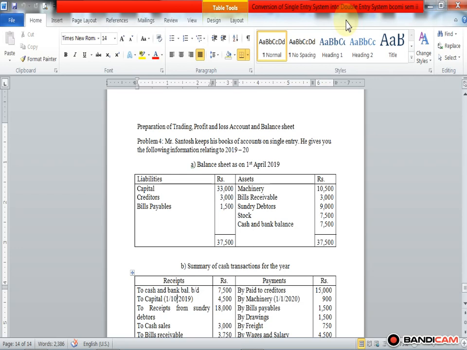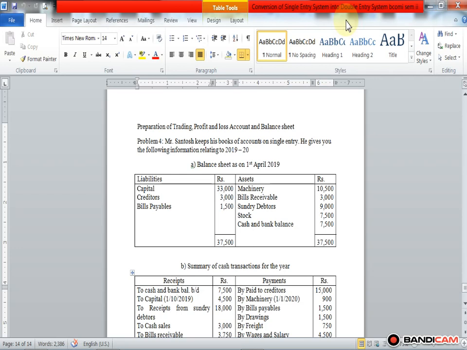First, a balance sheet as on 1st April 2019, which is the opening balance sheet. Liability side: capital rupees 33,000, creditors rupees 3,000, bills payable rupees 1,500.